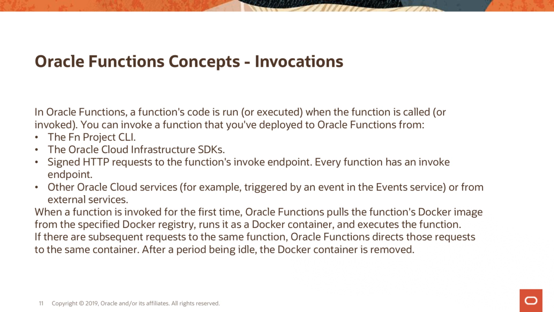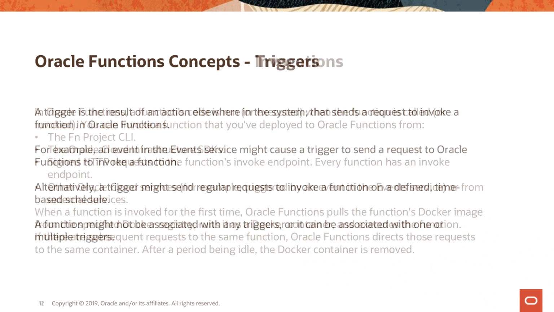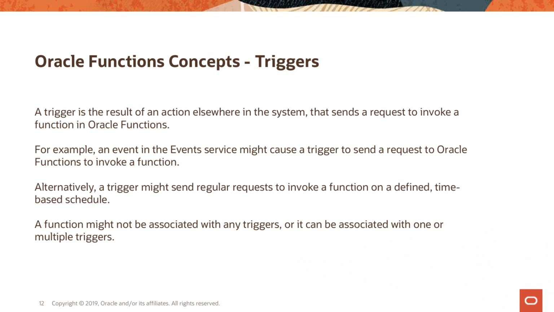All you care about is writing the code and deploying it as a function and telling the service when to invoke it. And we also looked at triggers. Triggers essentially mean that there is some action in the system that sends a request to invoke a function that you have specified using Oracle Functions.